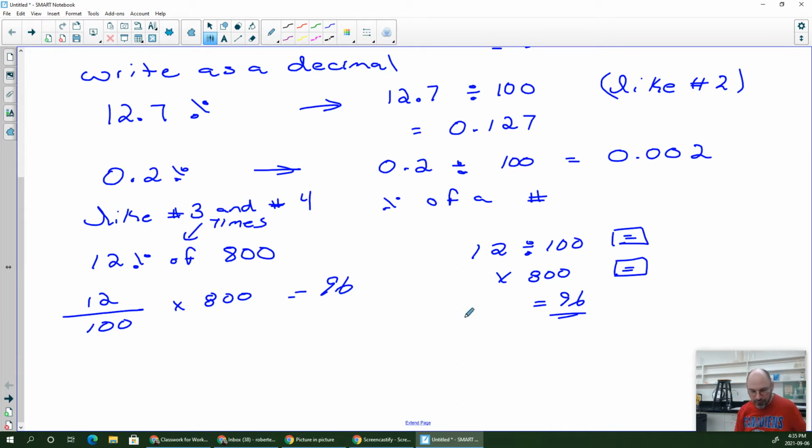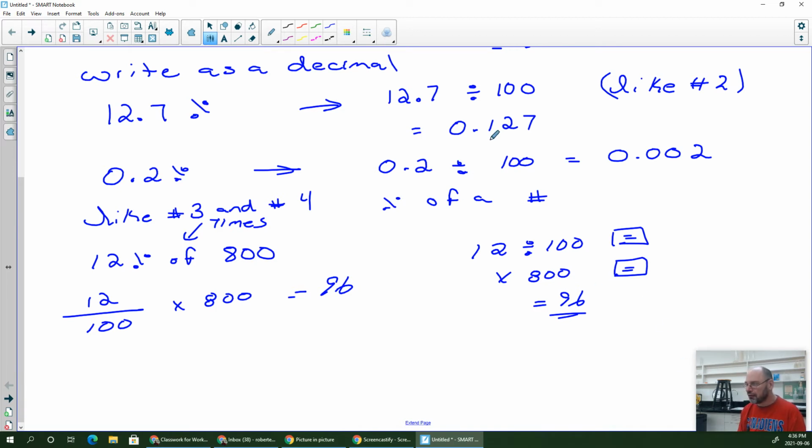Okay? Okay, don't get confused on number 4. Number 4, they try to make it a little bit harder by putting a decimal in there, but just because it's like 7.7%, you still do the exact same thing.